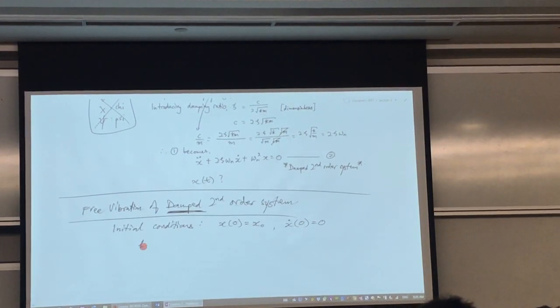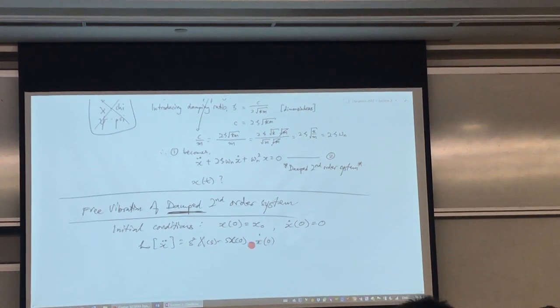If I were to remind you, if I take Laplace, and this symbol over here that looks like an L is the Laplace symbol. If I take Laplace of x dot dot, that's equal to s squared X(s) minus s times x at time 0, and minus x dot at time 0.